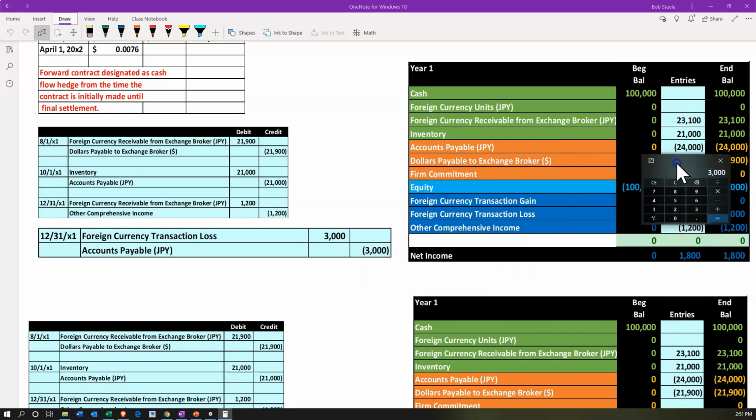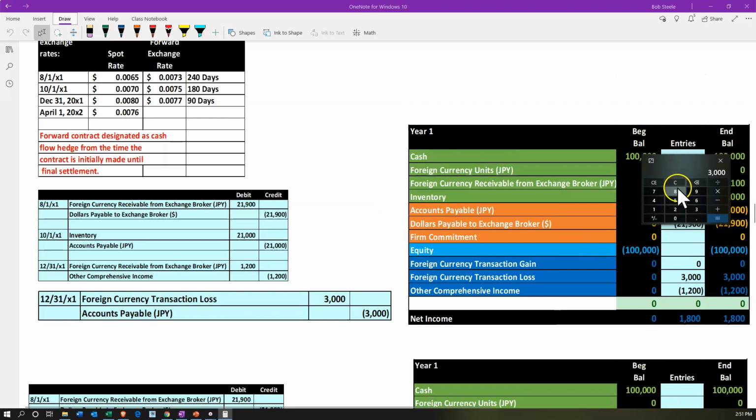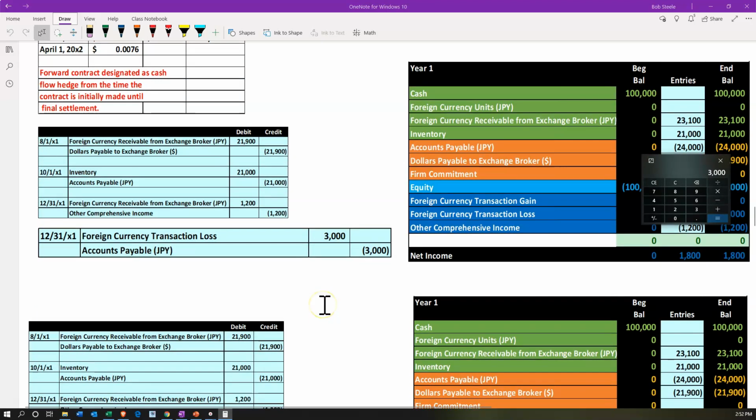We are now at 24,000 for the accounts payable, calculated as the 3 million times the 0.008. That's going to be the 24,000. Also note that we can calculate the 3,000 by taking the difference in the rates, 0.008 minus 0.007, times the 3 million. That's going to be the 3,000 there as well.